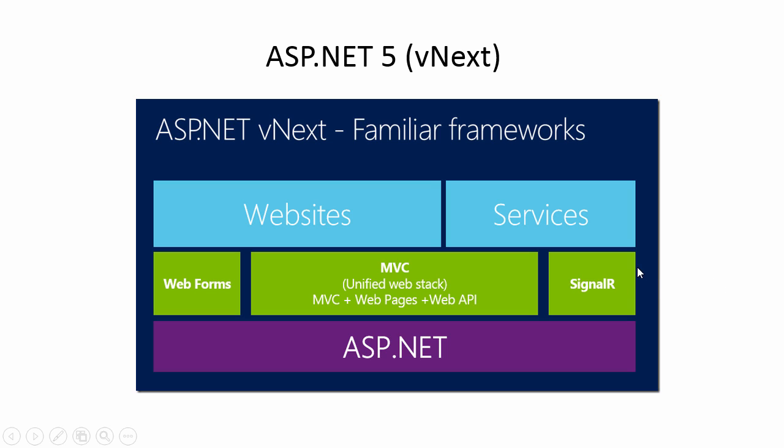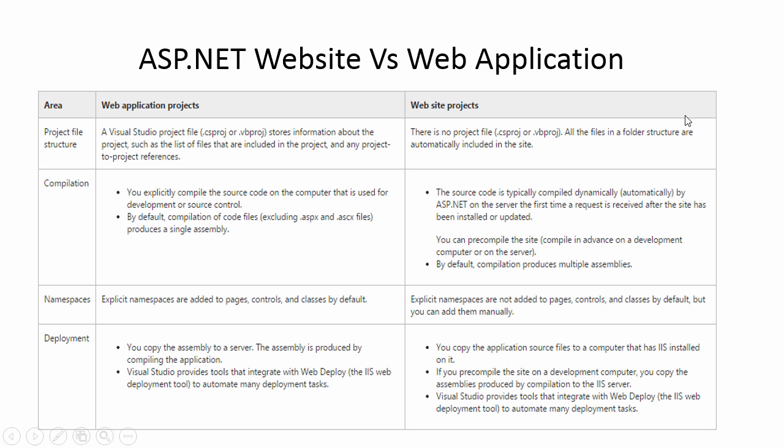They're also focusing on SignalR, which uses client-server communications to make it real-time. We're mainly focused on Web Forms going forward, but this just gives you a future look into what Microsoft is doing with ASP.NET. Something to look forward to.